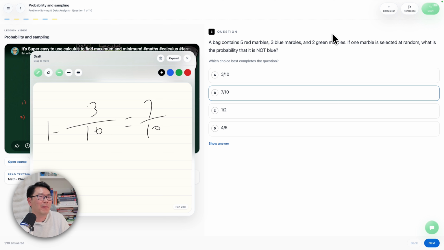Tom plays a magic game with his classmates, during which he brings a bag with marbles of different colors. And then you have 5 red marbles and so on. And then it asks you, what is the probability that Tom is not going to pick a blue marble? The question actually is the same, but the problem adds a lot more words on top of that. So you have to see through the trick and see the real thing of the problem, the numbers and the question. That's pretty much for today's video.